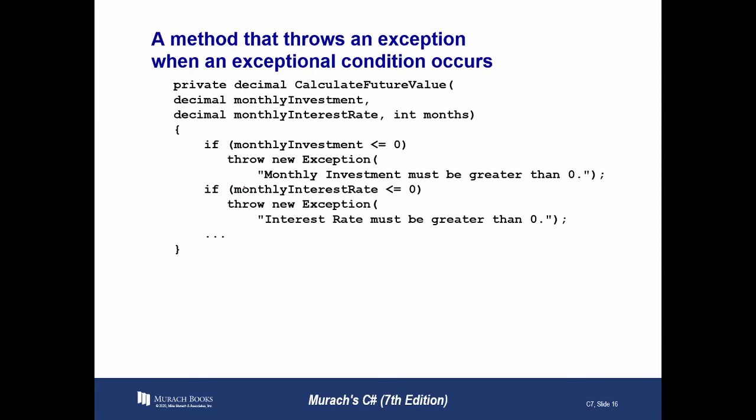If your monthly interest rate is less than or equal to 0, we want to throw this new exception: interest rate must be greater than 0. So there are combinations of the ways we can do these things.